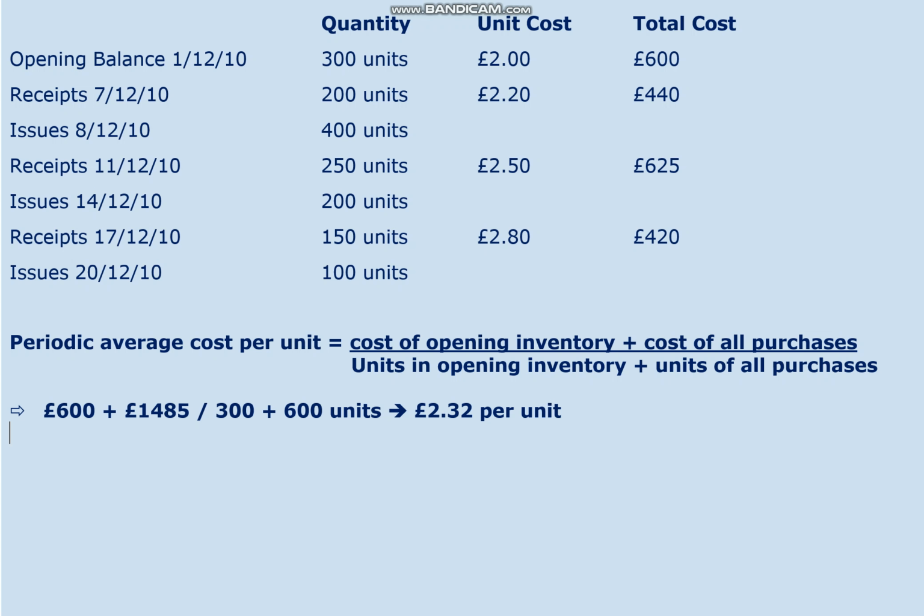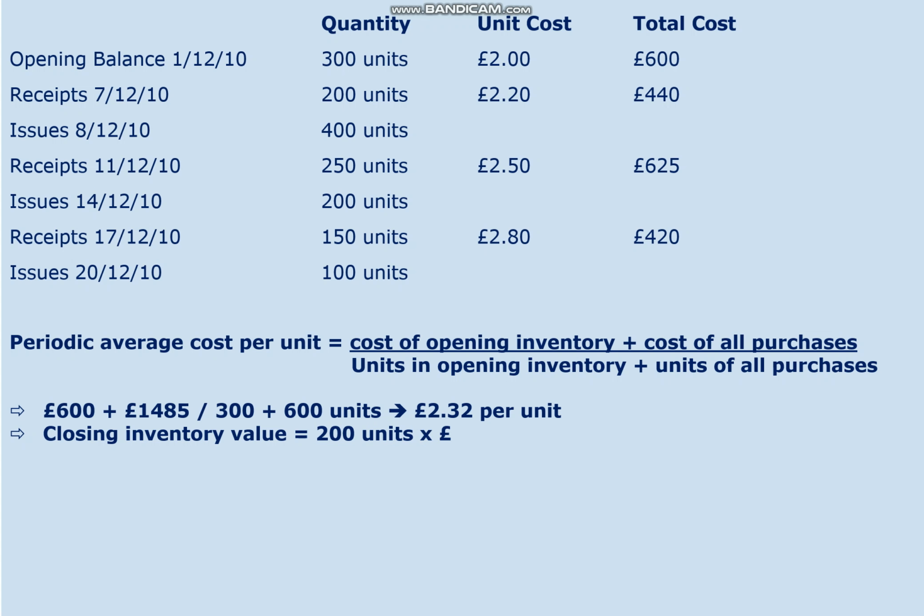Okay, now because I worked it out in this exercise, the closing inventory was 200 units unsold. So they purchased some units, they sold some units, and at the end of the month they were left with 200 units.